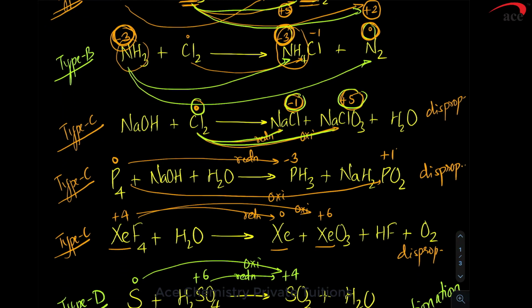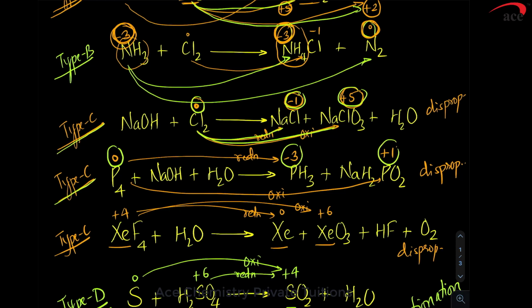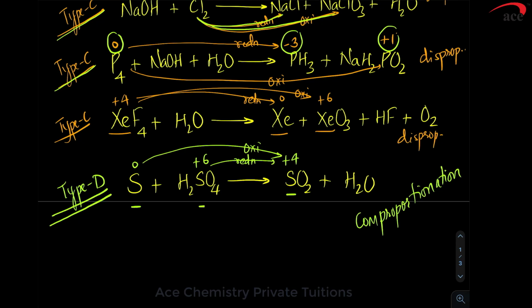You started with 0, you are getting -1, +1. Type D, you started with two different oxidation states but they end up with only one. So, the 4 types of redox reactions will require different approaches for balancing. We will see balancing for each in a separate session.